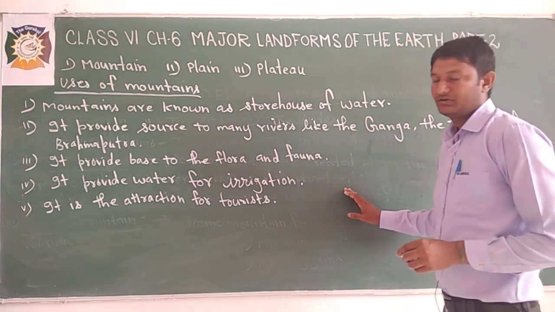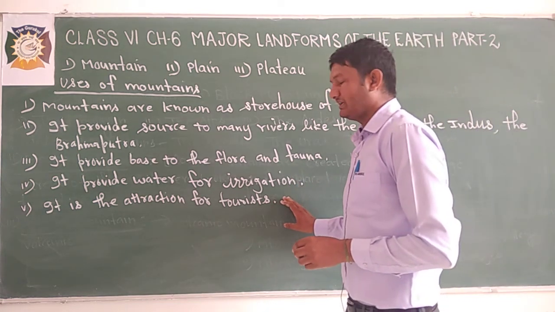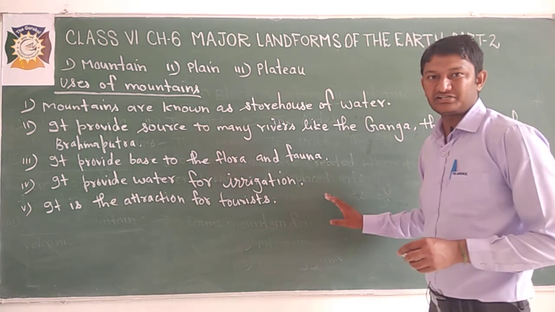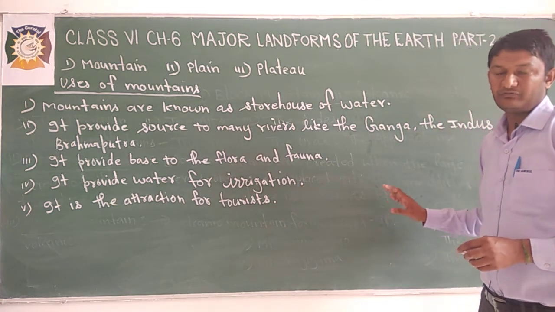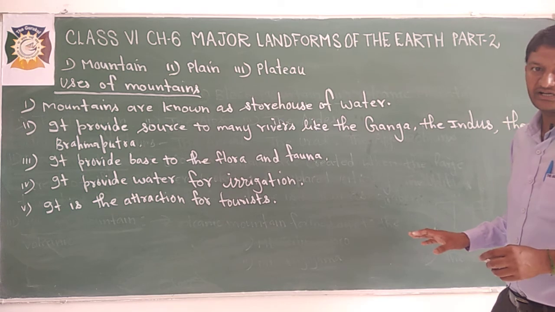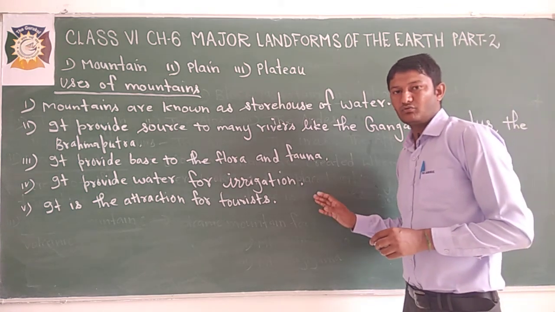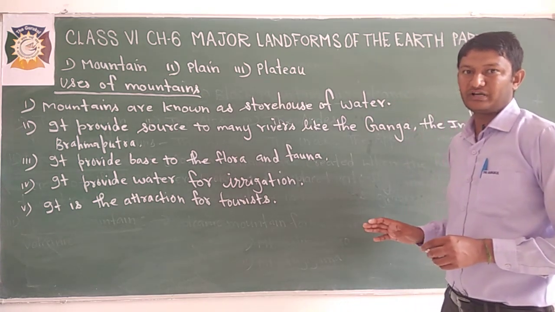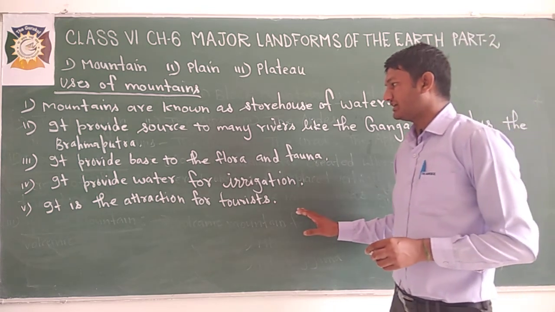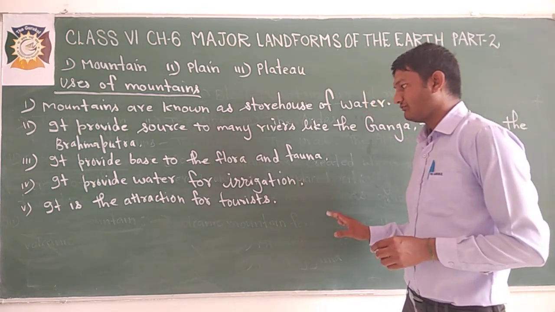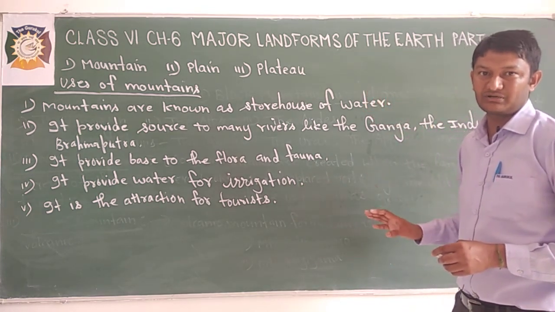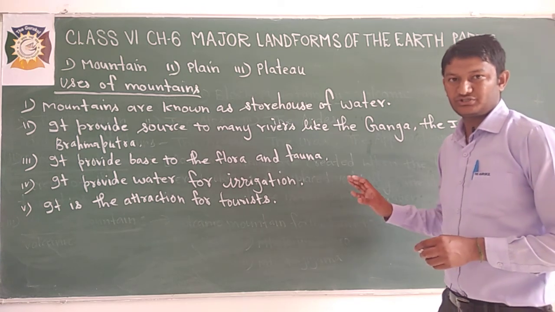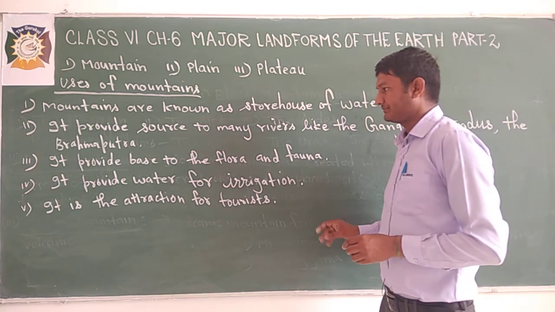You might have seen some mountain areas, some hill stations are very popular in India. If you take the example of Mussoorie, Dal Lake, Wular Lake, and Nainital, there are different areas in India which are an attraction for a number of tourists. Several tourists come to India to see the beauty of these places.